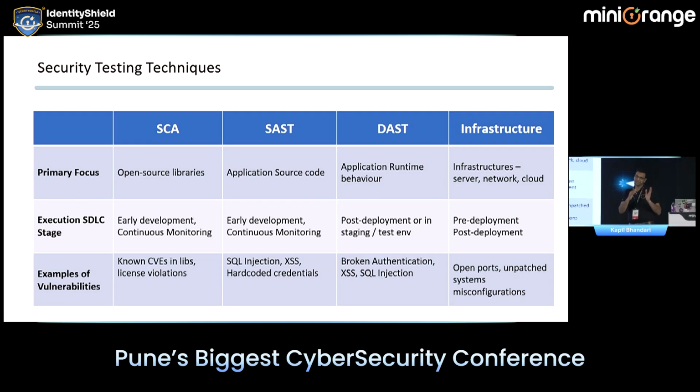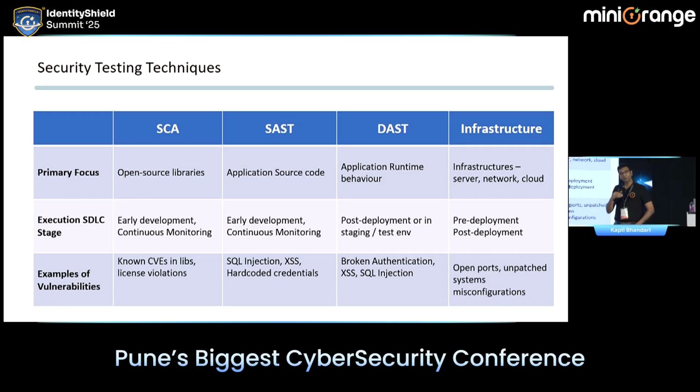So once you are done with the source code, you deploy your artifact into the test environment where you want to identify the runtime vulnerabilities, right? The ones you did not find at the time of static analysis, and that's where you use DAST, dynamic application security testing.